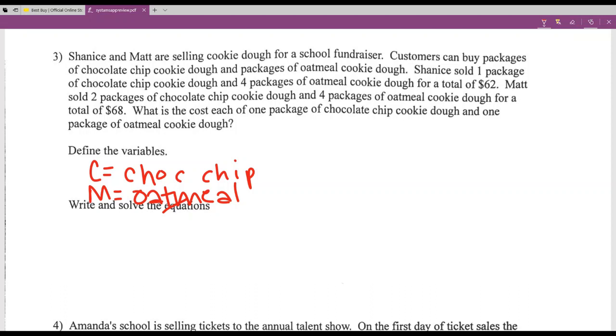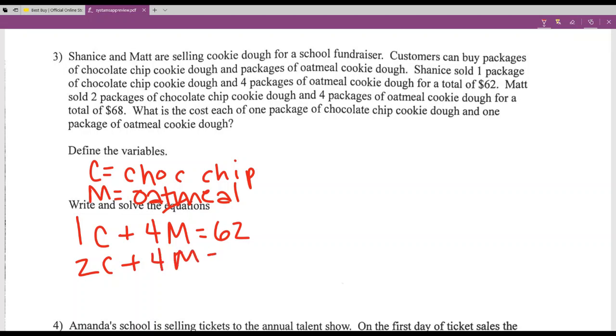Now, the first equation: one package of chocolate chip and 4 packages of oatmeal equaled $62. The second one: 2 packages of chocolate chip and 4 packages of oatmeal for $68.